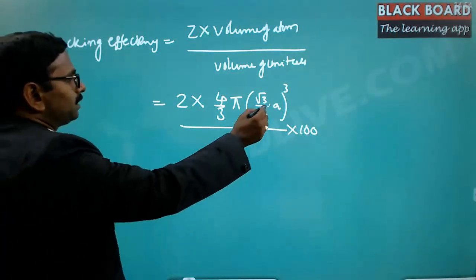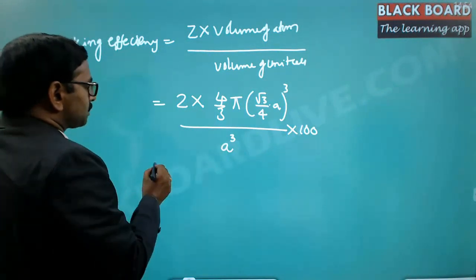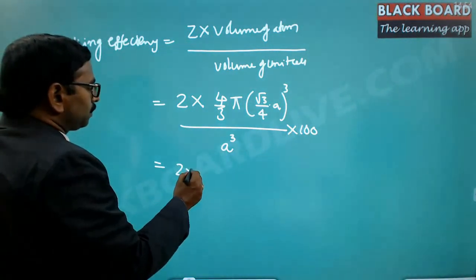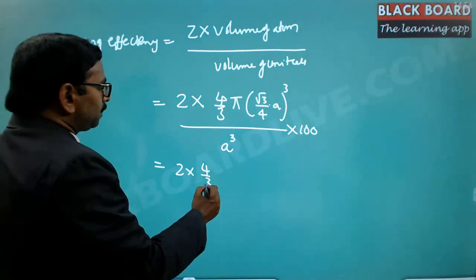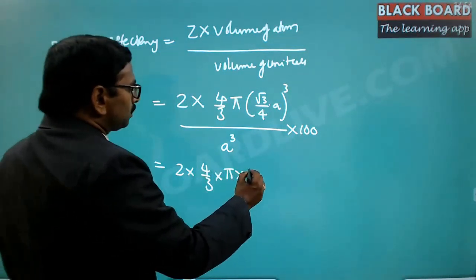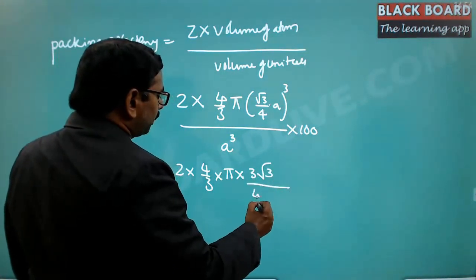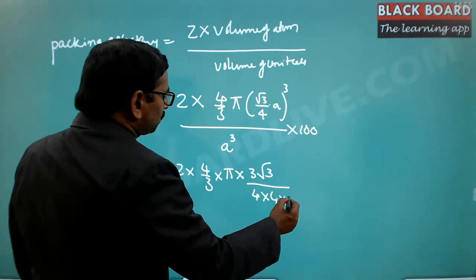By expanding the cube, A cube will be cancelled in the denominator. So you get 2 into 4 by 3 into pi into root 3 cube, which is 3 root 3, by 4 cube, 4 into 4 into 4.